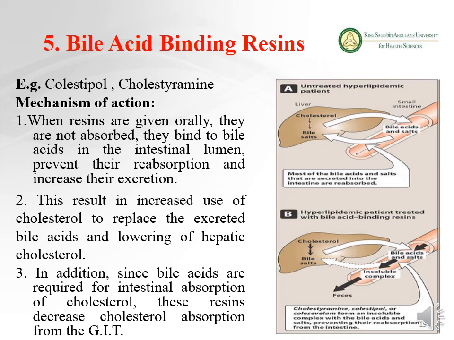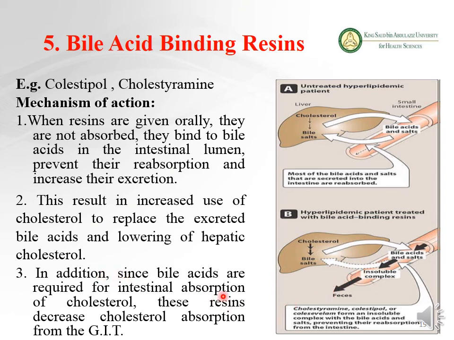Bile acid binding resins also work in the GIT, and their function is to inhibit the reabsorption of bile acids, which are secreted by the liver into the small intestine, and normally are reabsorbed back through enterohepatic circulation. So these drugs inhibit the bile acid reabsorption into the liver and excrete these bile acids.